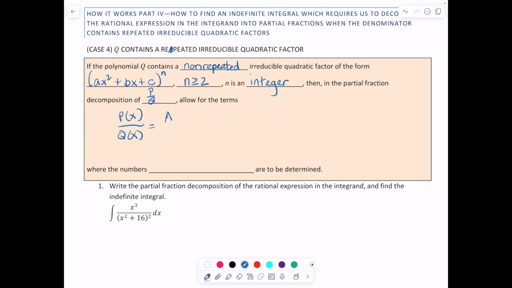So you would have a1x plus b1 over the first power of your irreducible quadratic, and then plus a2x plus b2 over ax squared plus bx plus c, the quantity squared.